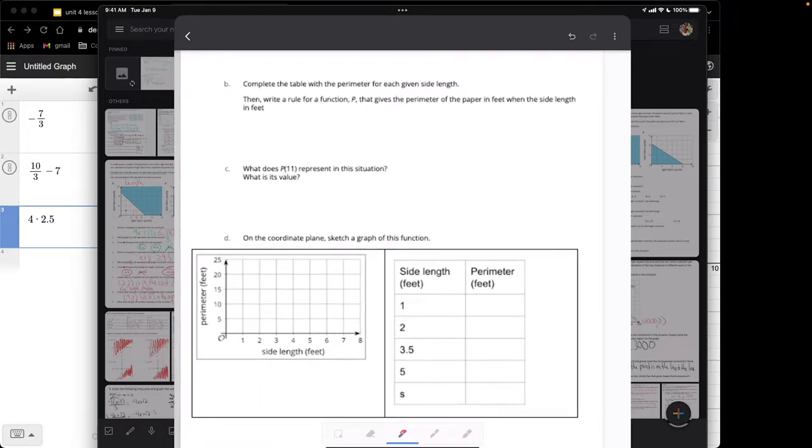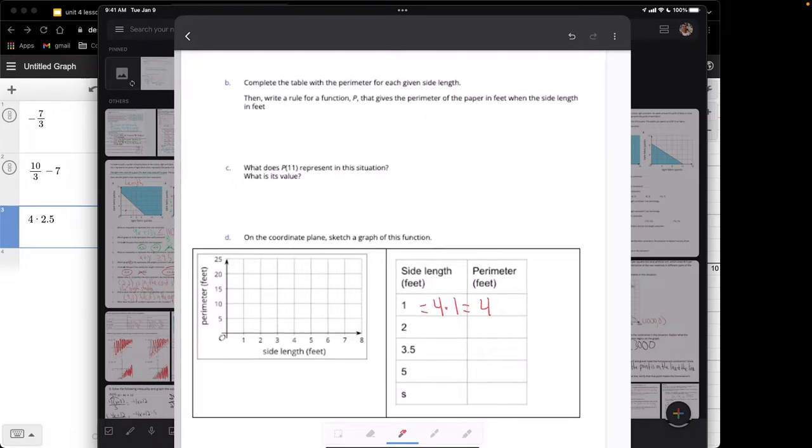Okay. B, complete the table with the perimeter for each given side length. Then write a rule for a function P that gives the perimeter of the paper in feet when the side length is in feet. All right. So again, the pattern is to take 4 times the side length. So when the side length is 1, the perimeter is going to be 4 times 1, which is 4. When the side length is 2, the perimeter is going to be 4 times 2, which is 8.